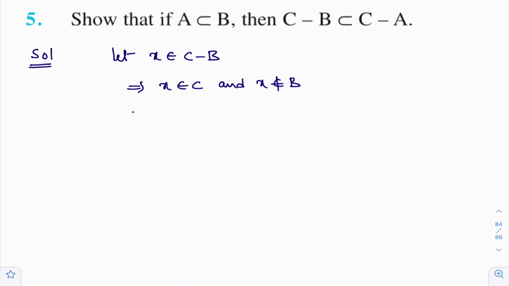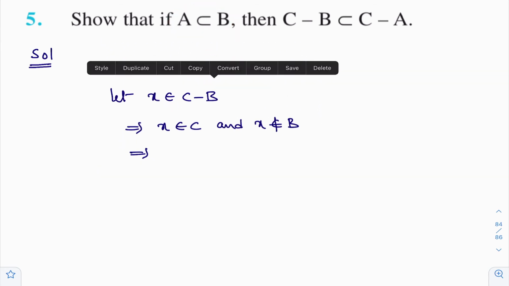Here is a very important point. As we know that A is a subset of B, we need to consider this first. What is the given data? I'll write here: given.